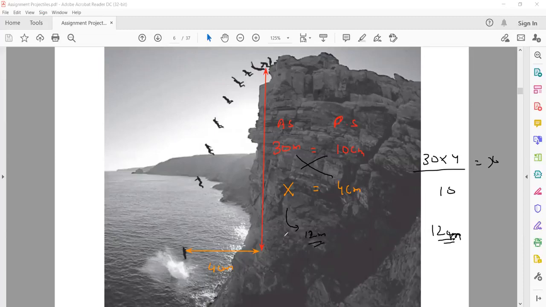According to the figure size, they mention already in the question that you have to use a figure to measure the distance. So that is coming out as, for example, 10 centimeter. So the horizontal distance between the second and the 10th picture, if it is 4 centimeter in figure size, it will be equal to 12 meters. Is it clear, this part?